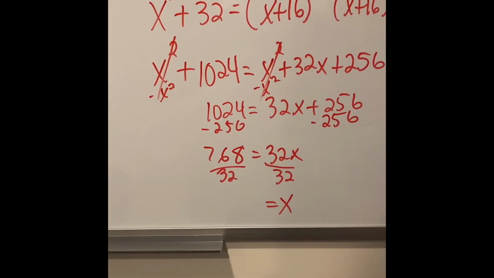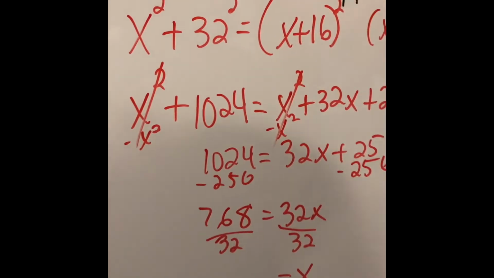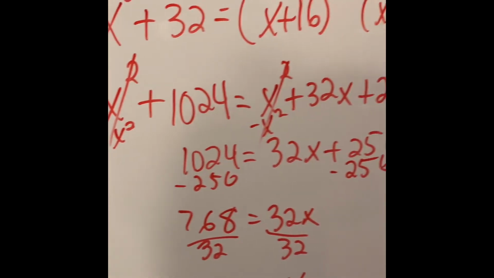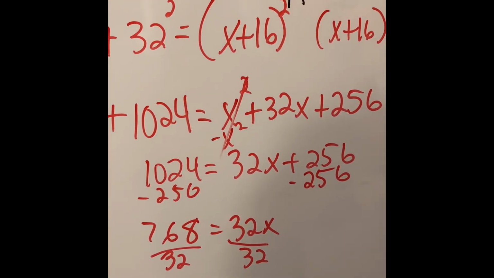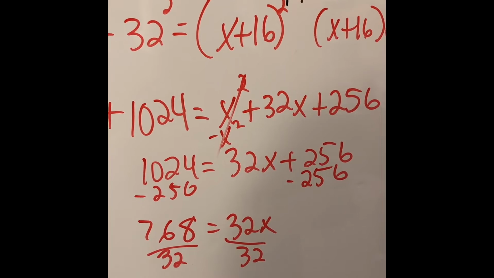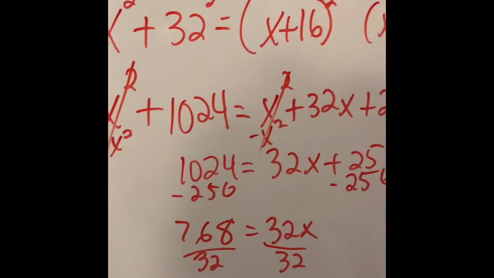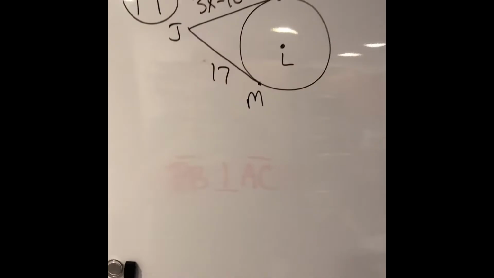We divide both by 32. 32 goes into 76 twice. I get 128. X is 24.